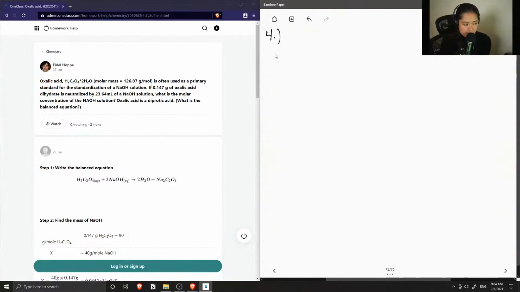Okay, so let's write out our formula. We would have our oxalic acid added with sodium hydroxide.